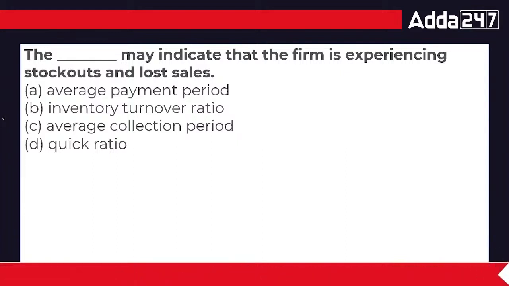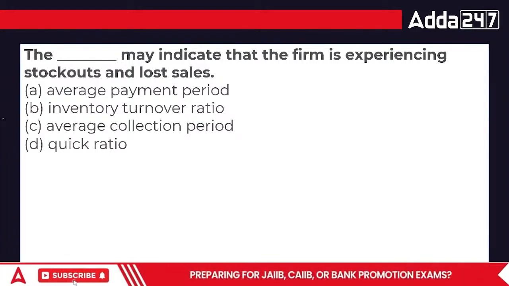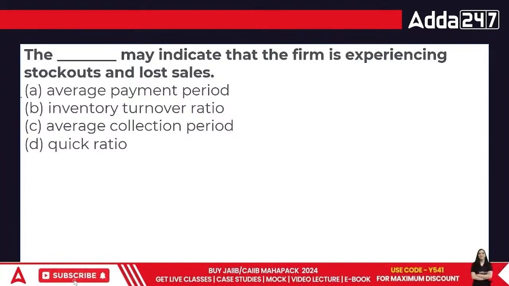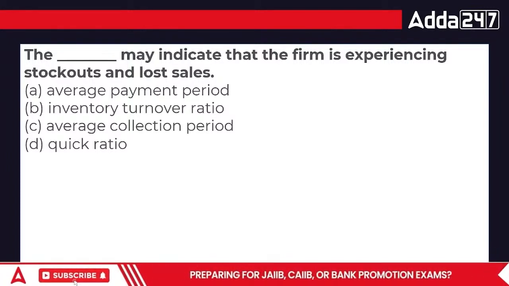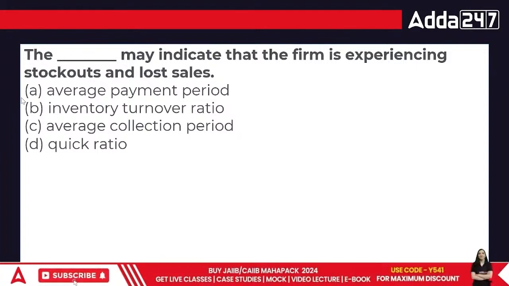The dash may indicate that the firm is experiencing stockouts and lost sales. Is it the company's average payment period, inventory turnover ratio, average collection period, or quick ratio? Which particular ratio among the following states that, everyone?